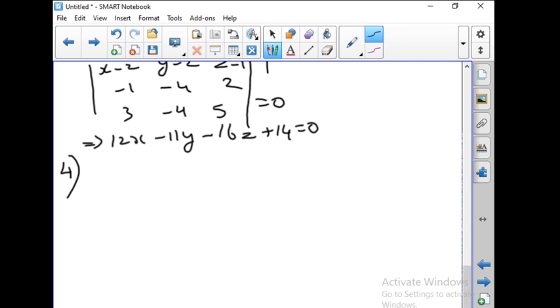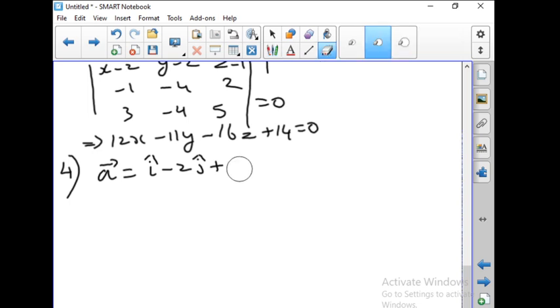So what about A vector? A vector is equal to i cap minus 2 j cap plus 4 k cap. This is A vector.